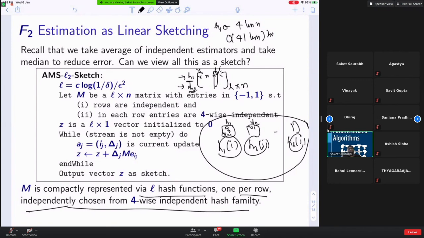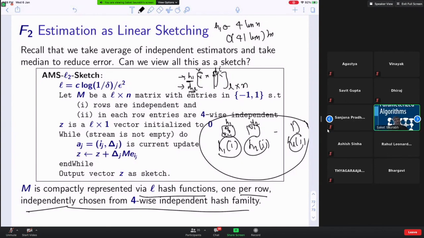Median. Yes, because we have several independent estimators. So what is a good thing to do? Return the median. That's it.